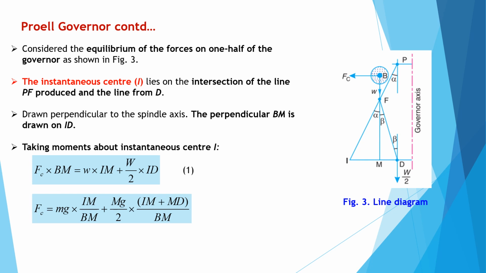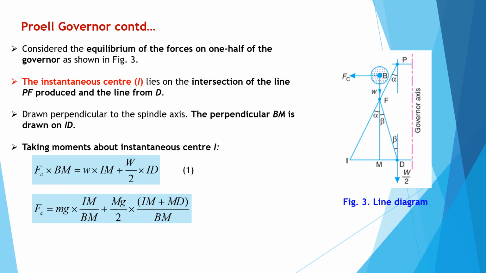Then, considering the equilibrium of forces on one half of the governor as shown in figure 3, and considering that the instantaneous center I lies on the intersection of the line PF produced and the line from D, draw the perpendicular to the spindle axis ID, and a perpendicular BM is drawn on the ID.